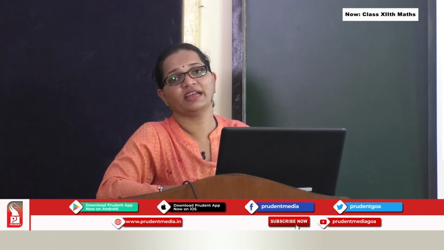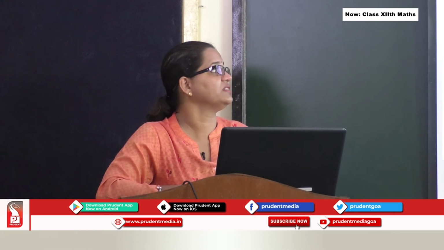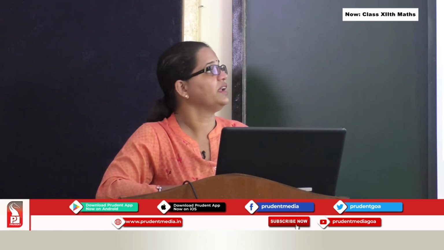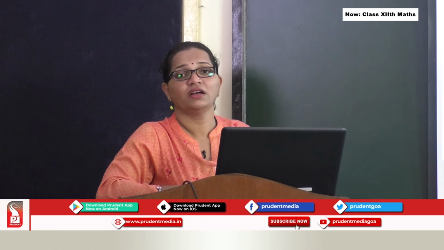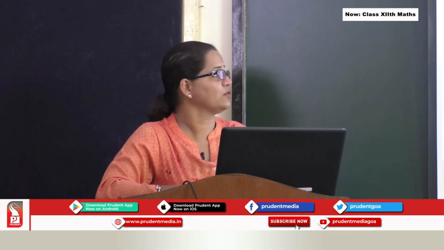My output I get as a column matrix. So over here the order changes. So it is 3 into 1. I can have as many rows as I like, but the column is supposed to be 1. So this is a row matrix. When I take the transpose, I get a column matrix.